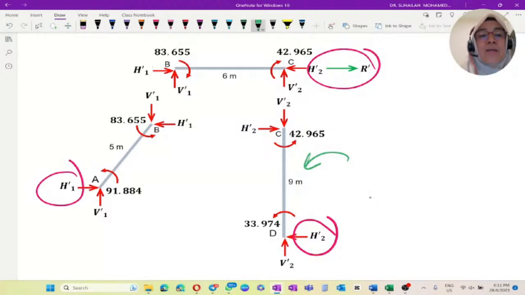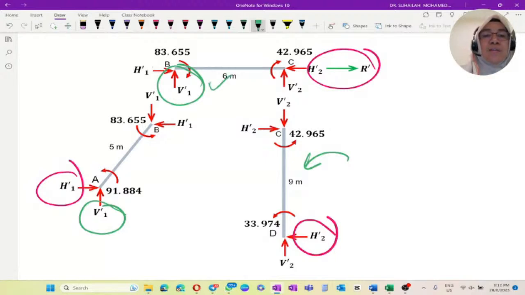V1 prime. So in order to solve for H1 prime, we have to calculate V prime first. How do we get this V prime 1? We will get it from beam BC, because the value is the same.